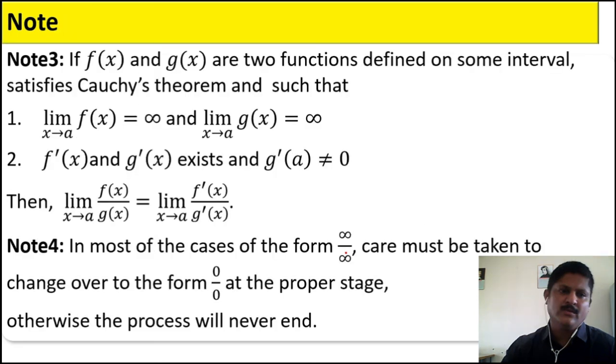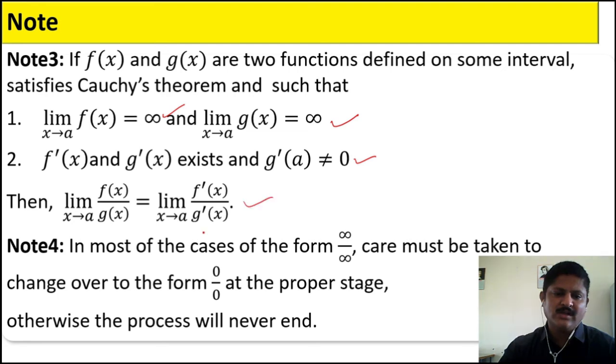Next, note number 3. If f of x and g of x are two functions defined on some interval satisfying Cauchy theorem, and such that limit of f of x as x tends to a equals infinity and limit of g of x as x tends to a equals infinity, and f dash of x and g dash of x exist and g dash of a not equal to 0, then limit of f of x divided by g of x equals limit of f dash of x divided by g dash of x as x tends to a.